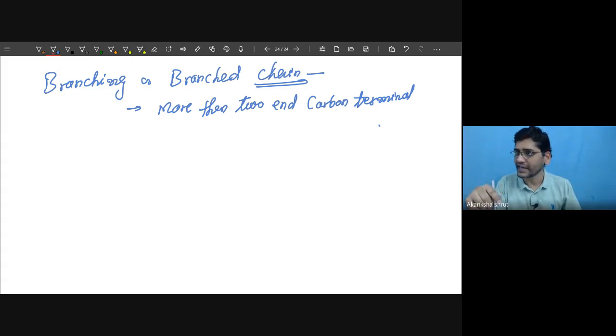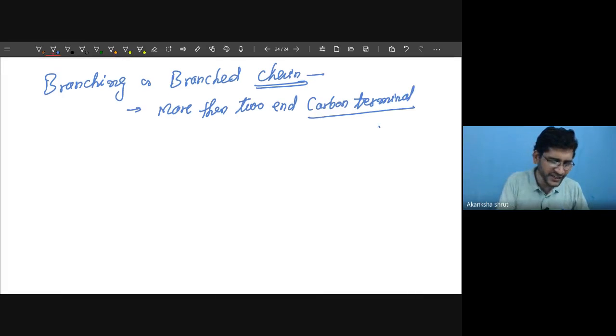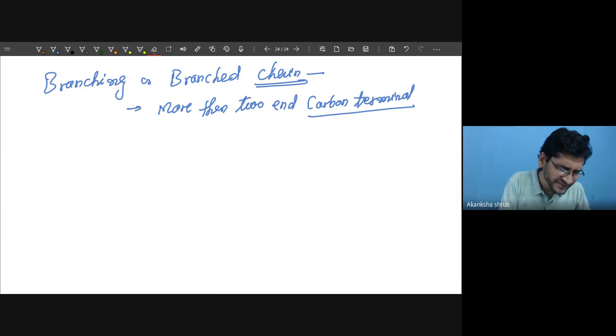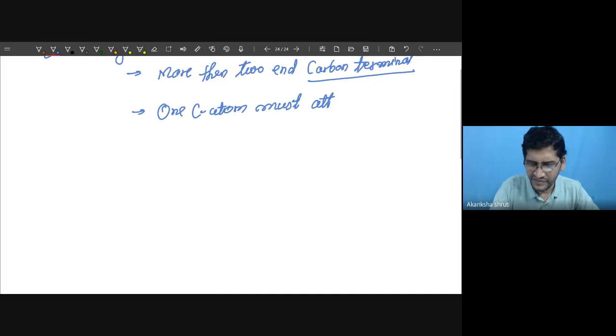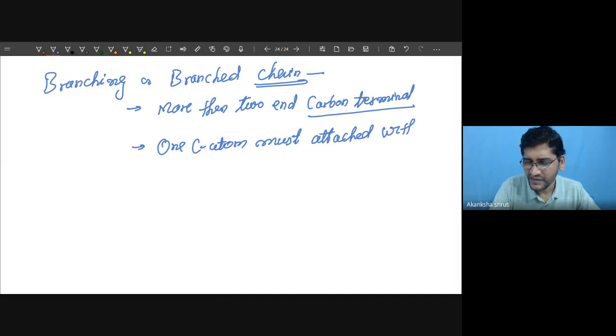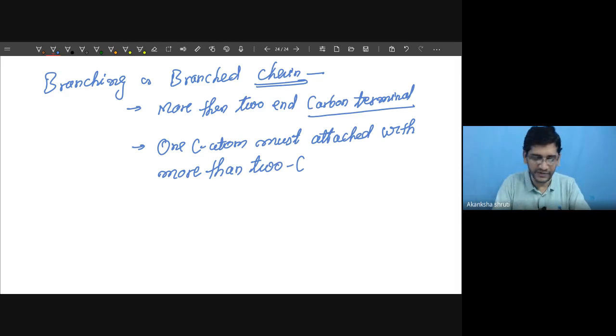If I consider the ring, then it gets slightly different when talking in terms of terminals. So if it is a ring, then one carbon atom must be attached with not 2 but more than 2 other carbon atoms.